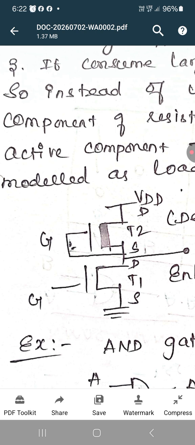Suppose initially we are providing the supply as 0. The NMOS transistor gets enabled if you provide 1, and it will not be enabled if you provide 0. For PMOS, we use a bubble, which means it does the inversion.